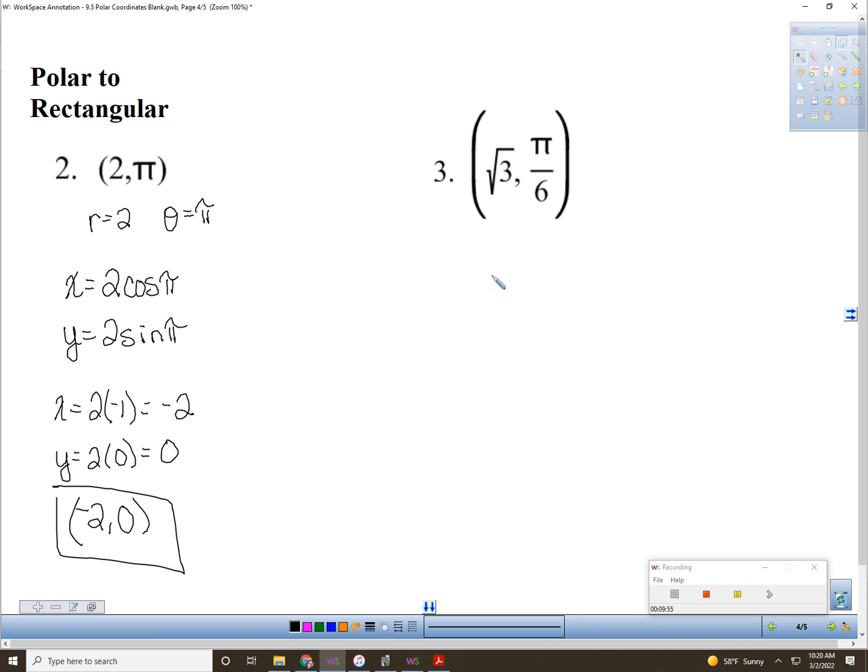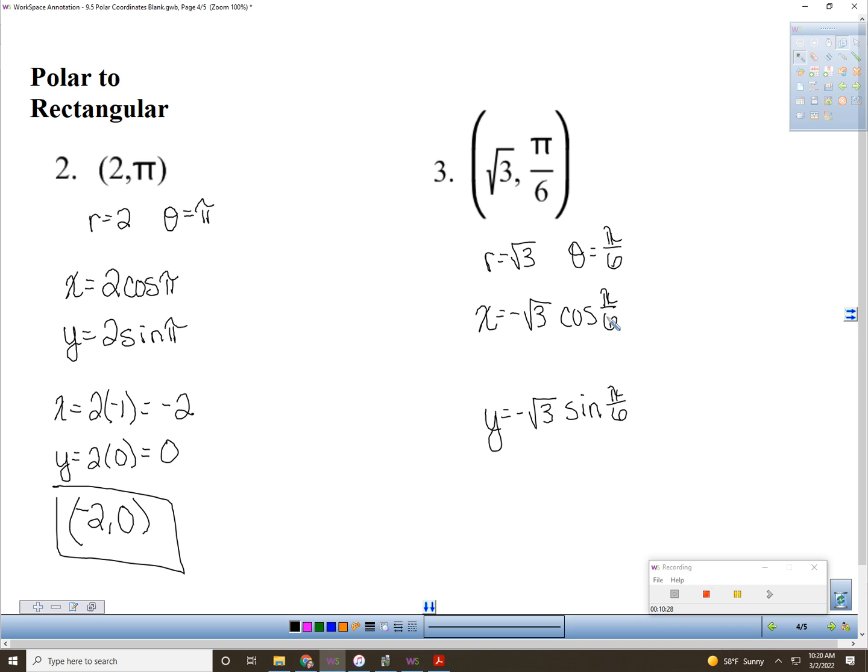Same thing here. My r value is the square root of 3, and my theta is pi over 6. To find the x value, I will take the r value times the cosine of my theta, and then for the y value, my r value times the sine of my theta.